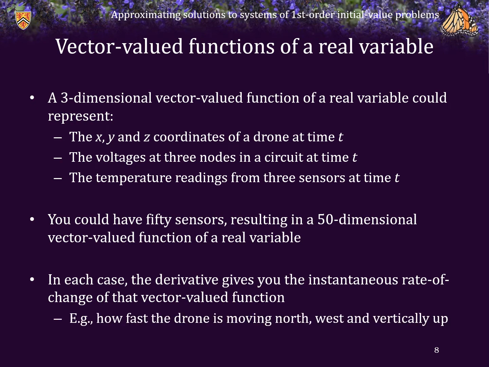So, specifically for the drone, this could tell us exactly how fast the drone is moving in the northerly direction, the westerly direction, and how fast it is moving in the vertical direction up. And of course, a negative in any of these would mean a movement in the direction south, east, or vertically down.